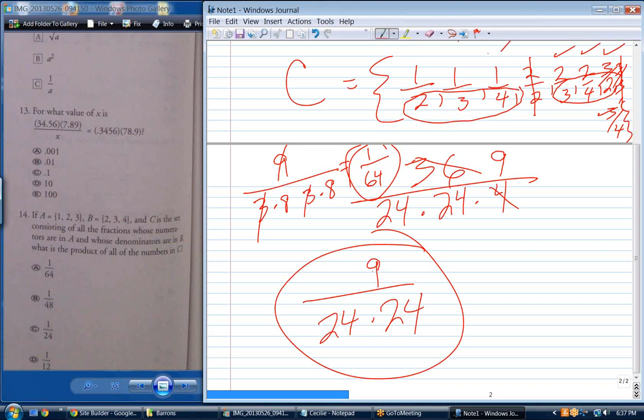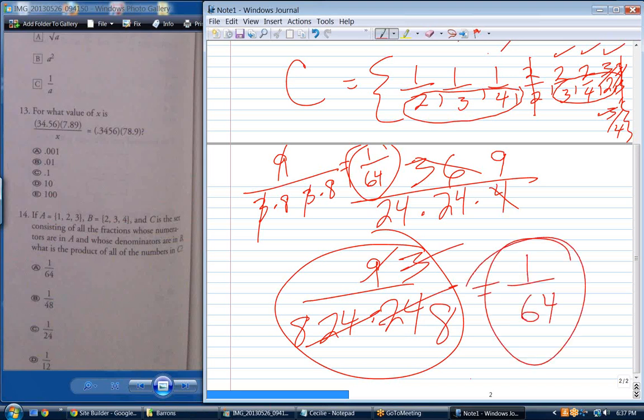I can divide 3 into the top and 3 into the bottom, and then 3 into the top and 3 into the bottom again, so I can come up with 1 over 64 easy enough. Yeah, the difficulty isn't the arithmetic. The difficulty is coming up with these 10 fractions that make up set C. Okay.